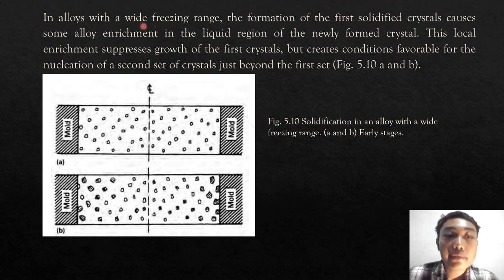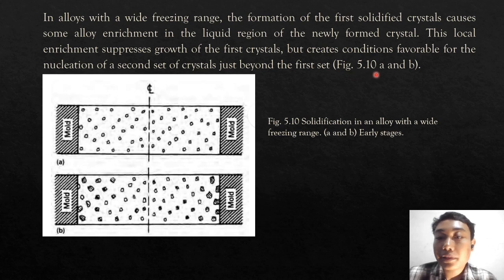In alloys with a wide freezing range, the formation of the first solid-phase crystal causes some alloy enrichment in the liquid region of the newly formed crystal. This local enrichment suppresses growth of the first crystal but creates conditions favorable for the nucleation of a second set of crystals just beyond the first set.